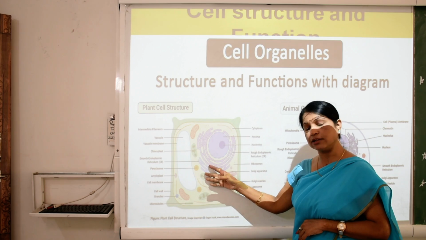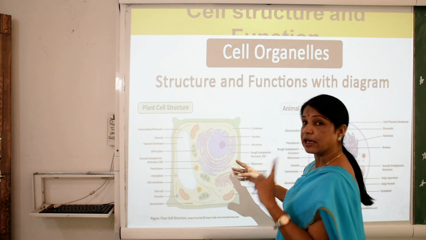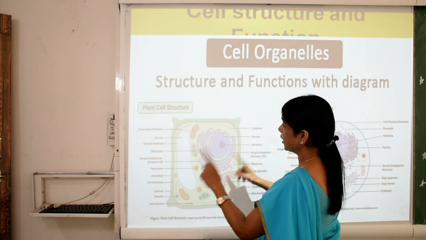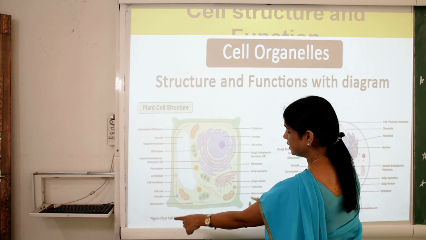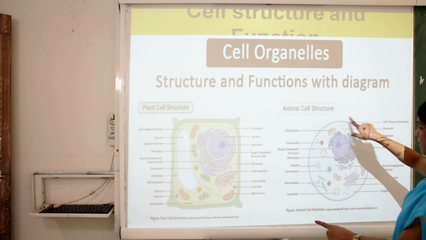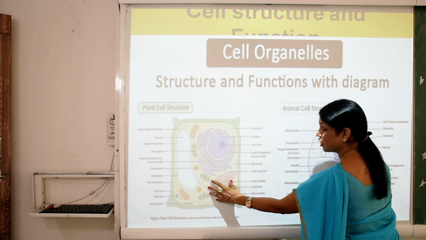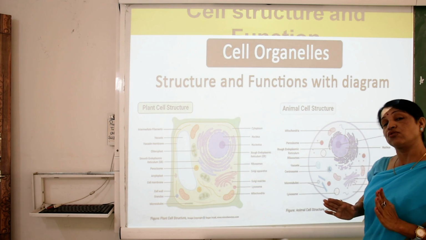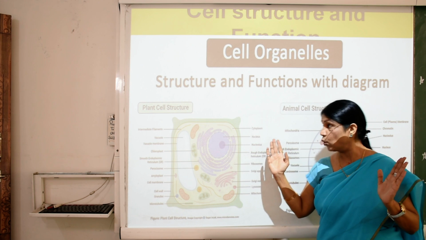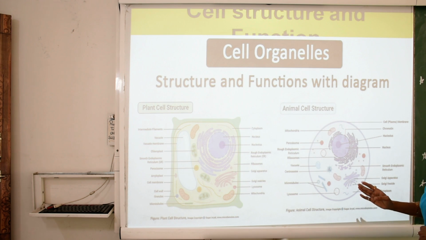So it is called the plant cell shape. Can you guess one thing especially, that its shape is different, and here is the animal cell shape. Its shape is different. So by the shape you can distinguish between both. Here we see the animal cell.